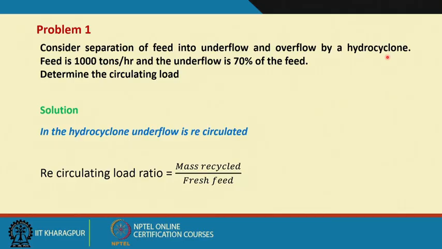So this is a problem. Consider a separation of feed into underflow and overflow by a hydrocyclone. We have a hydrocyclone and a feed, and that gets separated into two products, underflow and overflow. The feed is 1000 tons per hour and the underflow is 70% of the feed.